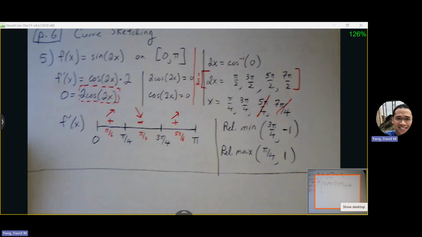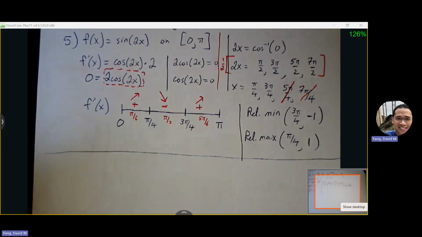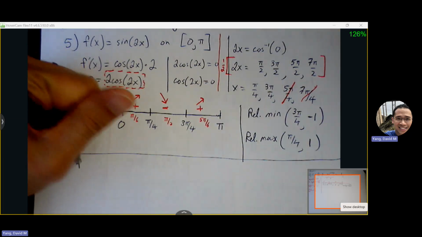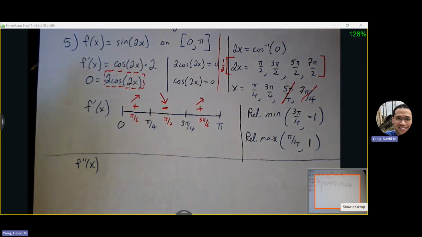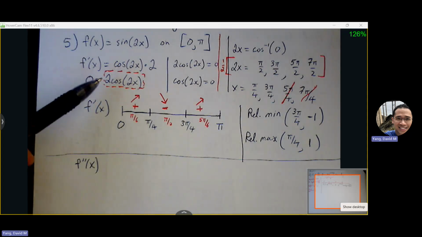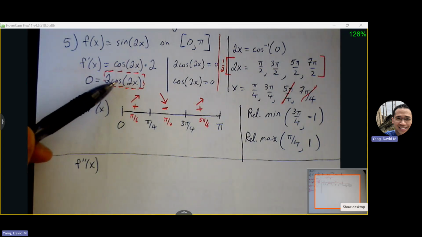Okay, let's go ahead and gather information from the f double prime sign line, or for f double prime first. So we know if our derivative is 2 cosine of 2x, the derivative of cosine of u is negative sine of u times u prime.